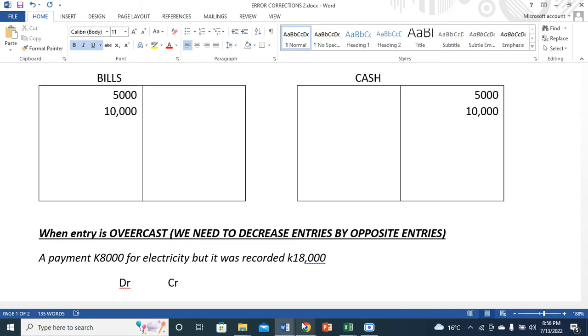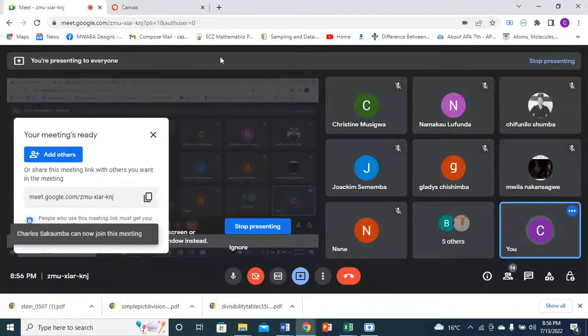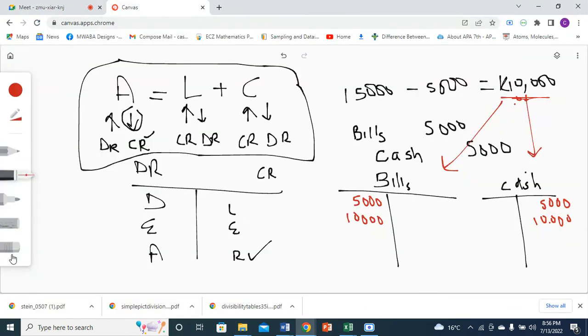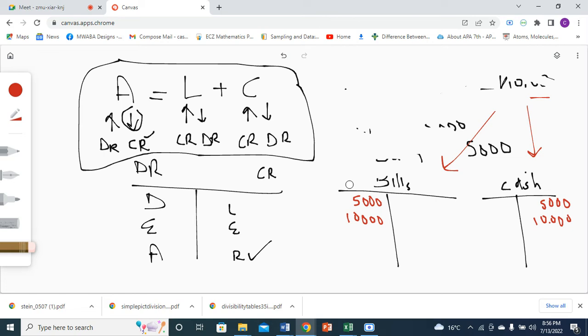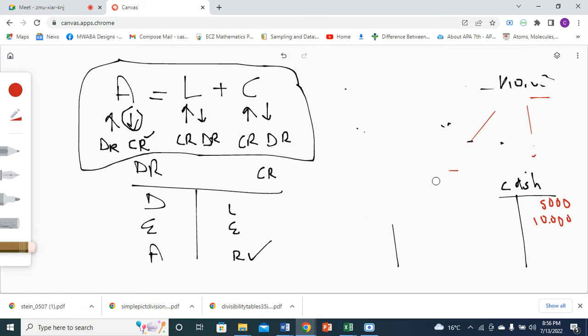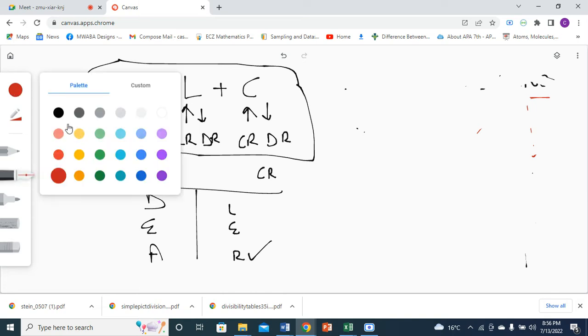We have to also visualize this with T accounts. So we have paid for a bill, which is electricity.